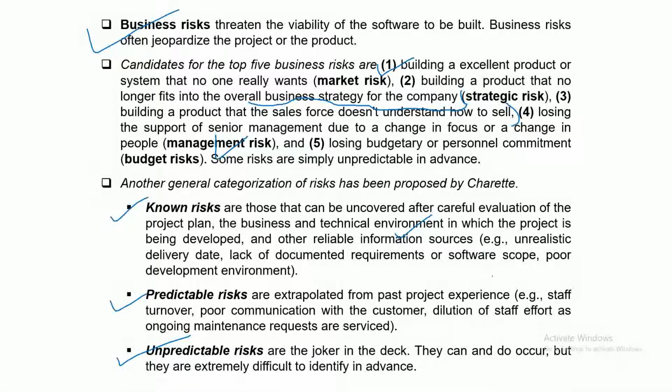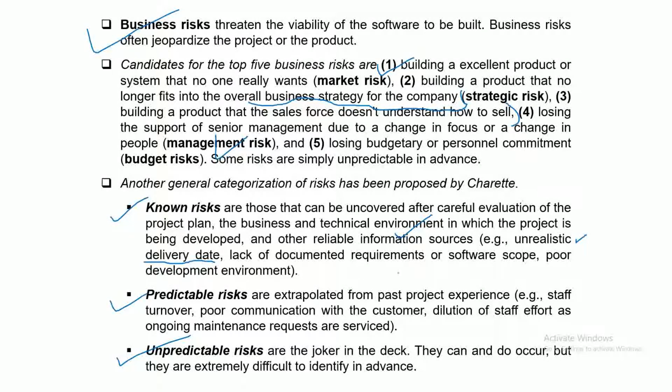For example, if you have promised a delivery date, after carefully going through the project plan and having detailed analysis and discussion with your business and technical environment, you can be sure that we have committed an unrealistic delivery date to the client. We would have asked for 1 year of time, but we have committed that we will deliver this in 3 months. So it is very unrealistic. 1 साल का काम आप 3 महीने में नहीं कर सकते. It is unrealistic.